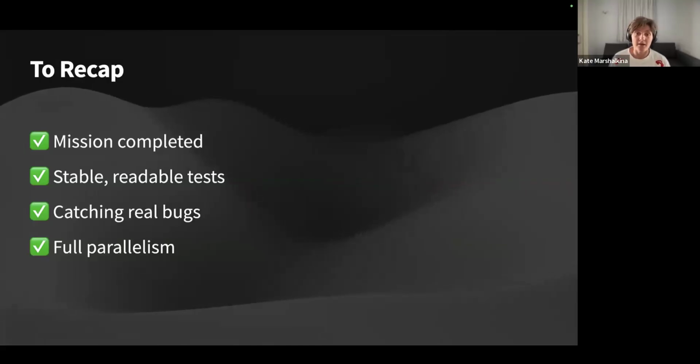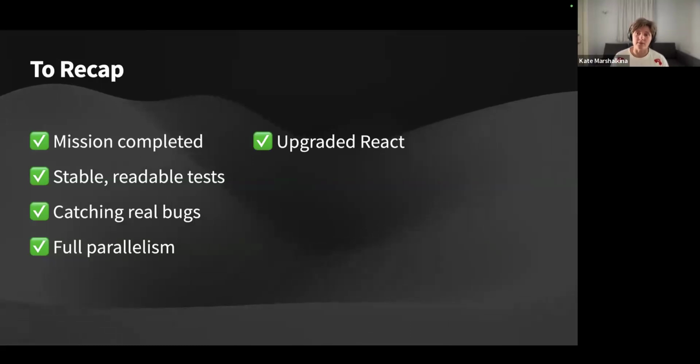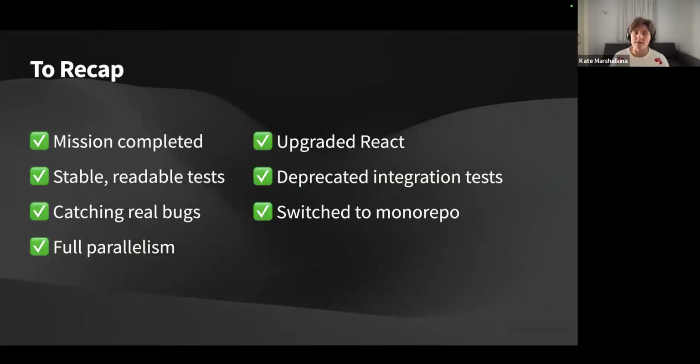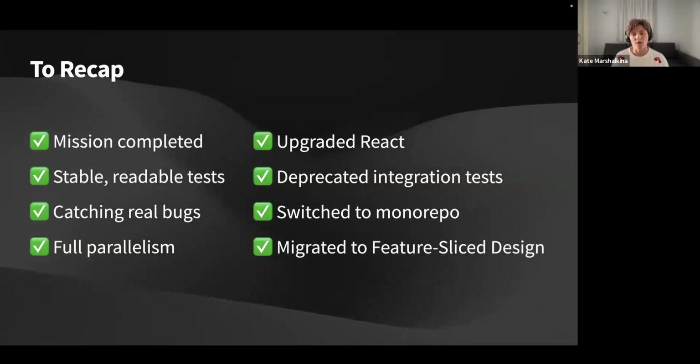Today, a year later, we have React and other major libraries upgraded. We deprecated those outdated integration tests with legacy mocks that nobody could maintain. The team switched to monorepo to improve development experience.